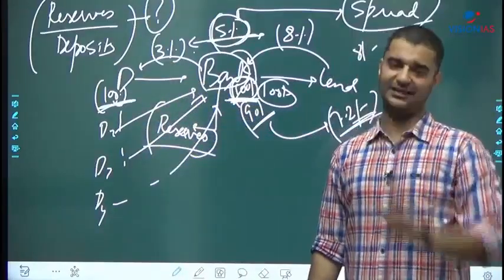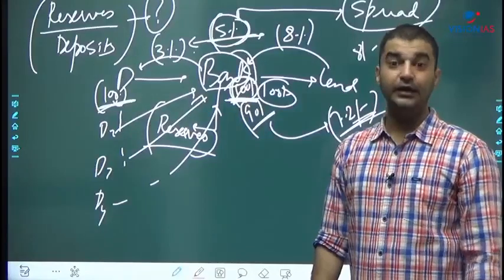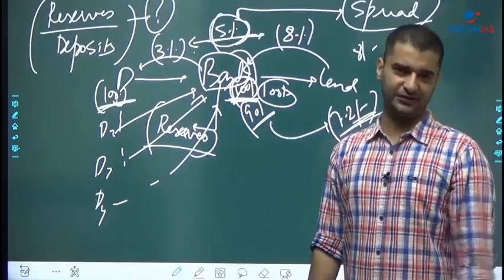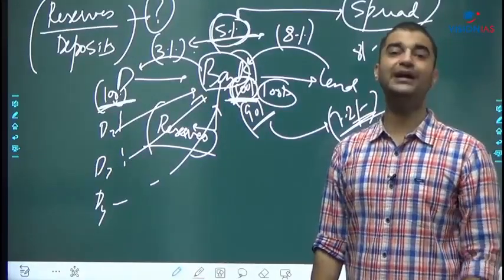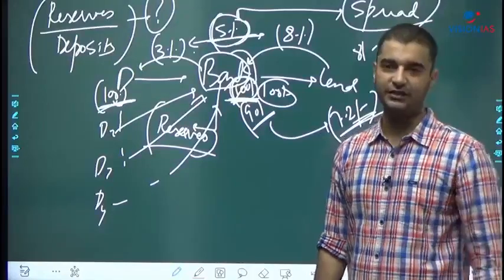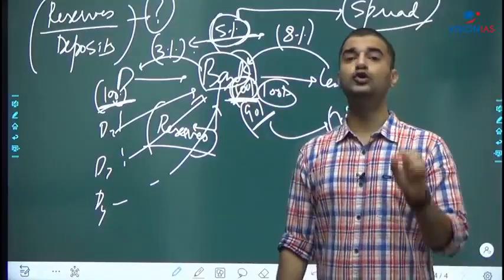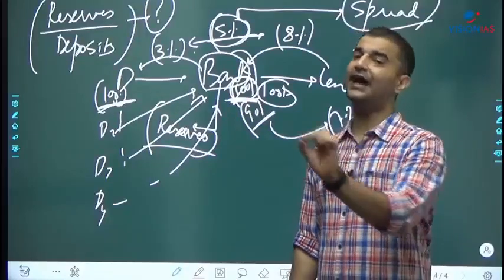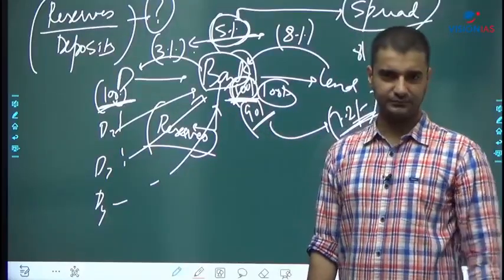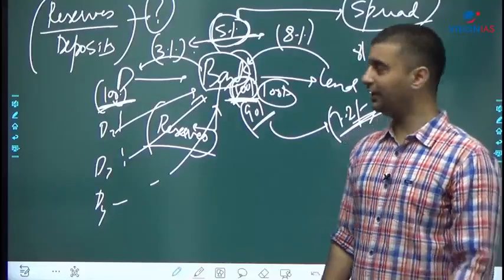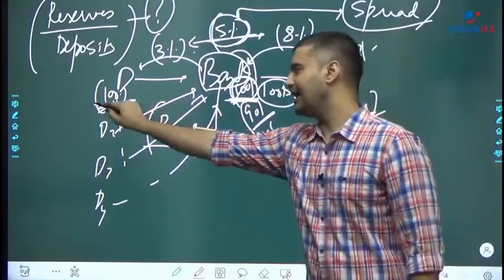That is why trust has collapsed. In order to retain this trust, banks are required, number one, to not lend entire amount of money.